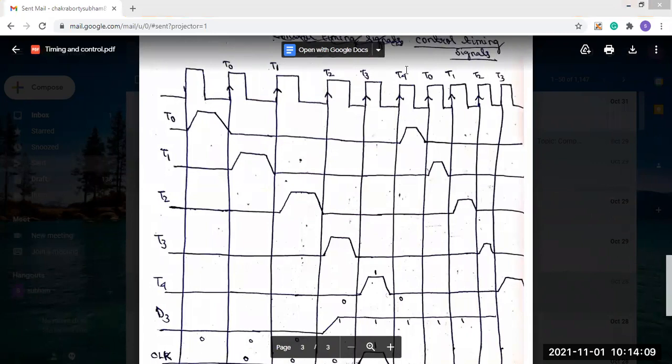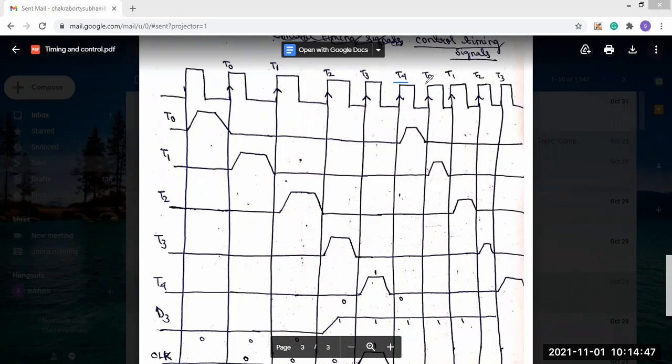In this diagram, let's say a total of 4 timing signals are present: T0, T1, T2, T3, and then again it repeats: T0, T1, T2, T3. Because here we are taking 4 timing signals.